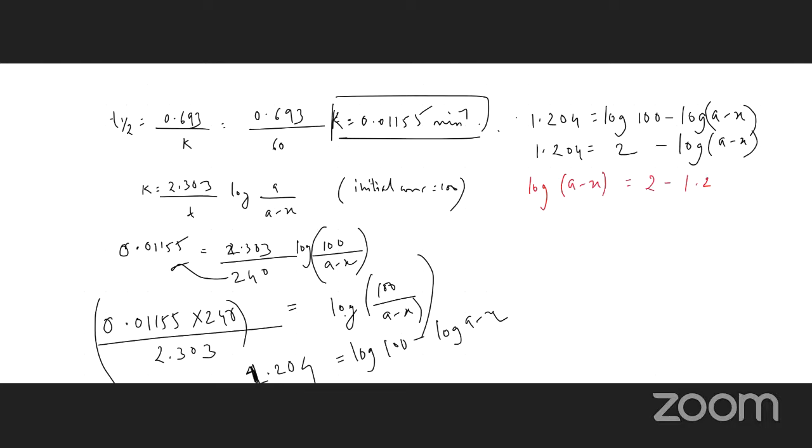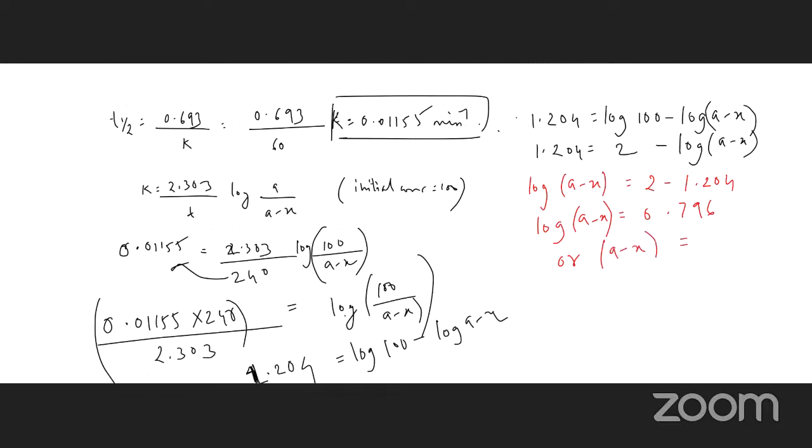So how much will it be? Just substituting, we will solve. 0.796 is log of A minus X. So we will transfer the log to that side.